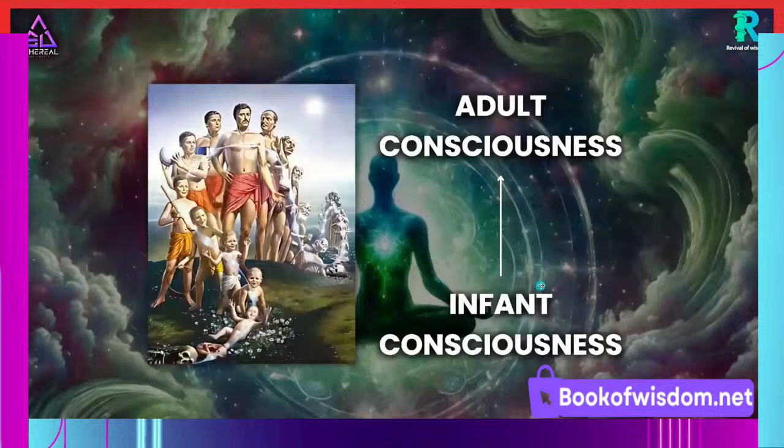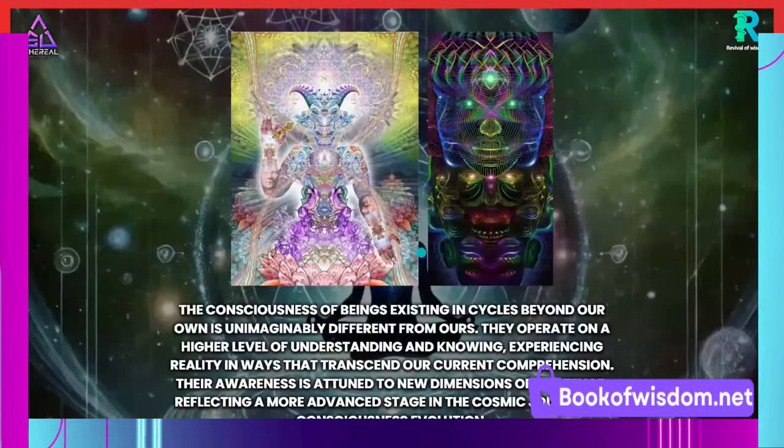When we are born with an infant consciousness, and as we get older, we gain an adult consciousness. Our inner world, our inner mind, and our emotional intellect changes and evolves. We are significantly different from when we were very young as an infant. It's because our consciousness evolves, it changes, it alters like water. So, just like this evolution of your own consciousness as you grow up, there is consciousness of beings existing in cycles beyond our own.